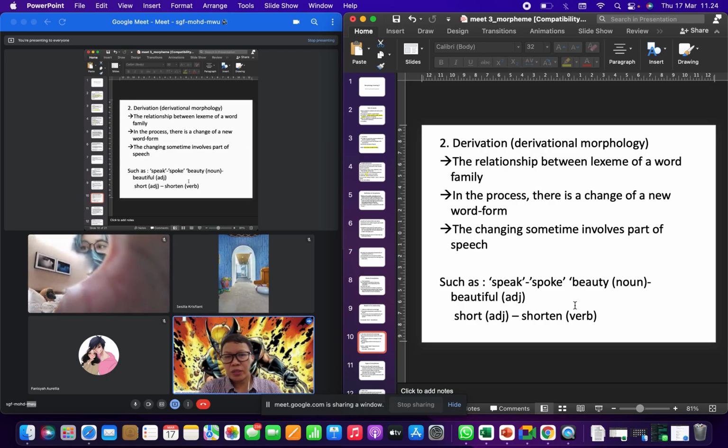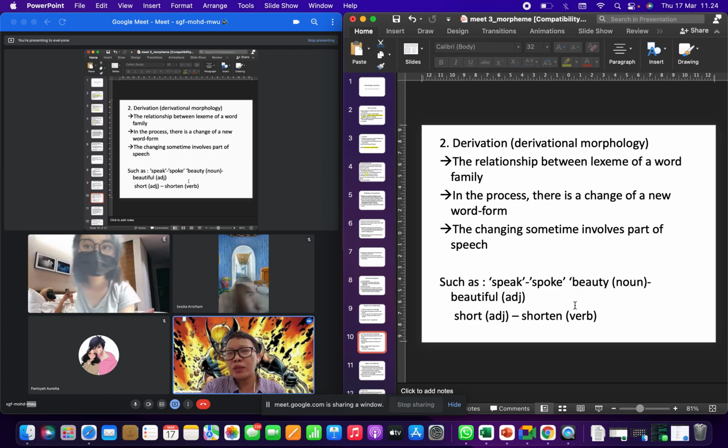So there is a changing process. In the process, we see a new word form. The new word form can have a different meaning or a different part of speech. Mostly they change the part of speech.